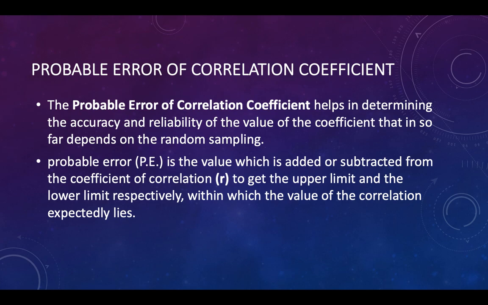The probable error of the correlation coefficient helps to determine the accuracy and reliability of the value of the coefficient, which depends on random sampling. So probable error, or PE, is the value which is added to or subtracted from the correlation coefficient to get the upper limit and the lower limit respectively, within which the value of the correlation is expected to lie.